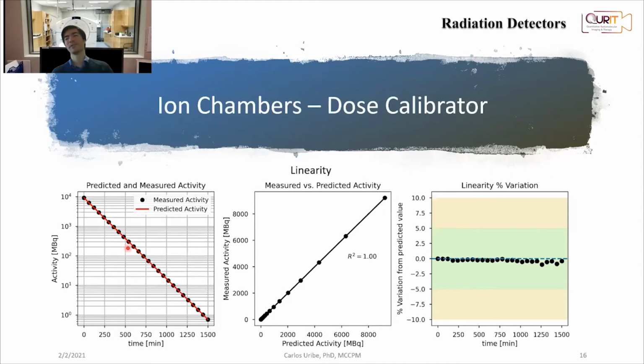We know the half-lives of the different isotopes, so is this actually following that half-life? In this particular case that I'm showing here, this is a logarithmic plot, so it follows a line. We see that the predicted activity based on the physical decay and the measured activity are corresponding. There's very little variation in linearity, so we know that it is accurate.